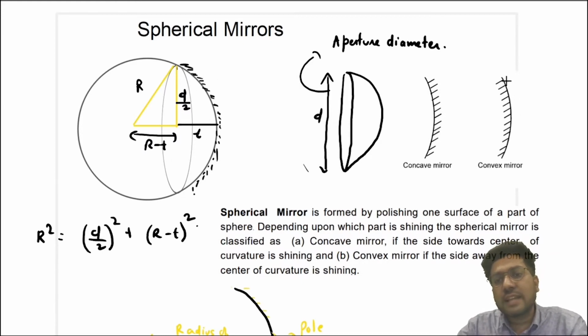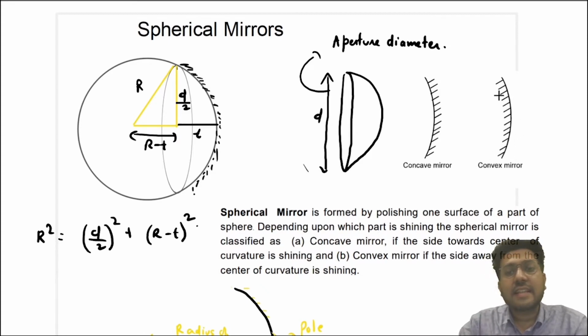If the outer side is the reflecting side, in that case it forms a convex mirror. So a spherical mirror is formed by polishing one surface of a part of a sphere. Depending upon which part is shining, the spherical mirror is classified as a concave mirror, where the inner side is shining, or a convex mirror, where the outer side is shining.